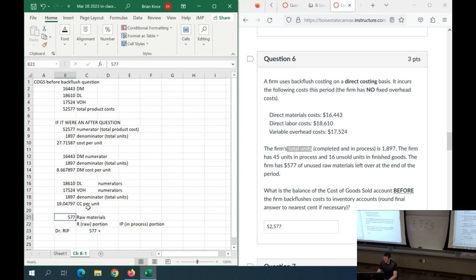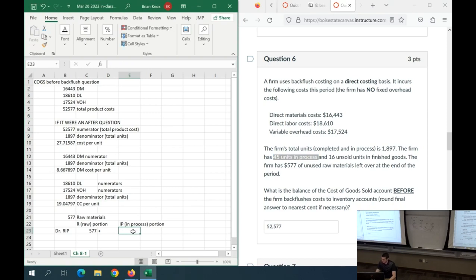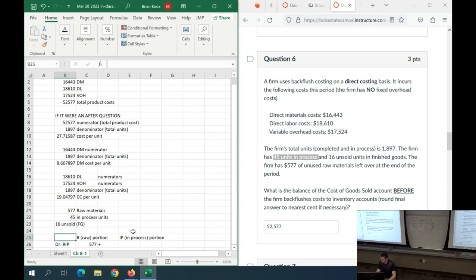We counted up and said there's $577 of unused raw materials, which is the question right here. So we need to backflush that back out to the raw materials portion, the RIP account. That part has to go back there, and then each of these 45 units in process costs us $8.67. So we need the IP portion. So we have 45 in process units. Just copying down things from the question so I can use them in cells. Unsold, which means finished goods.